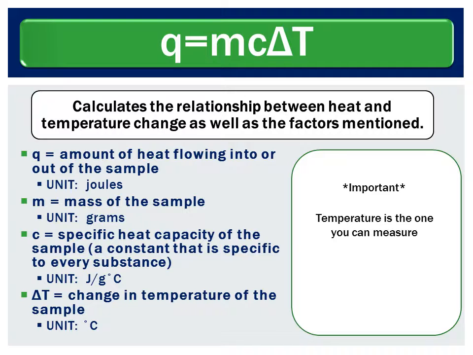We can't measure heat flowing. What we can measure is temperature and use that to help find the other quantities. So this delta T is the final temperature minus the initial temperature. The delta symbol we've seen for a couple days now, because we use this with delta H as well, means change in temperature or change in whatever it's applied to.